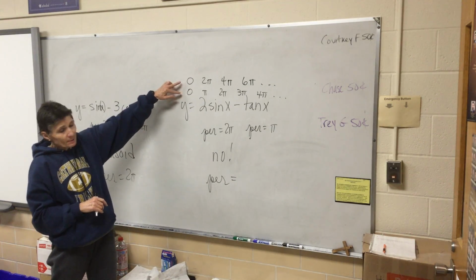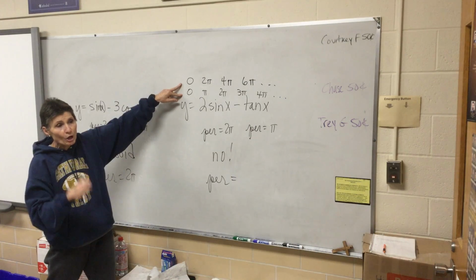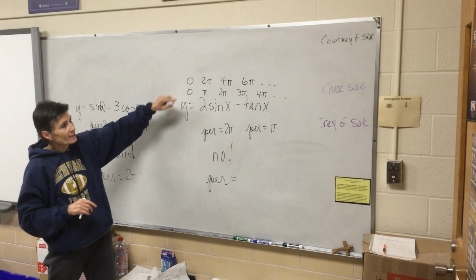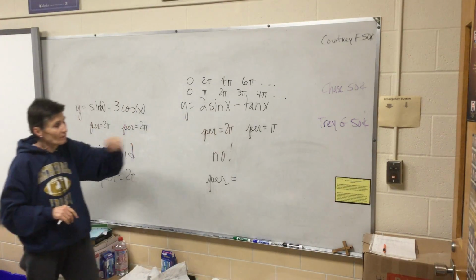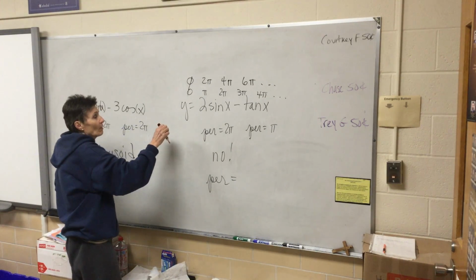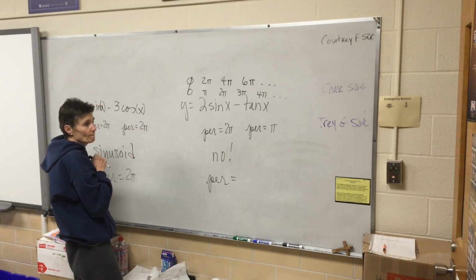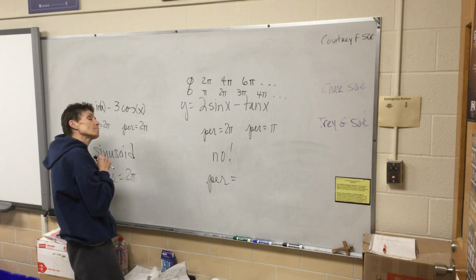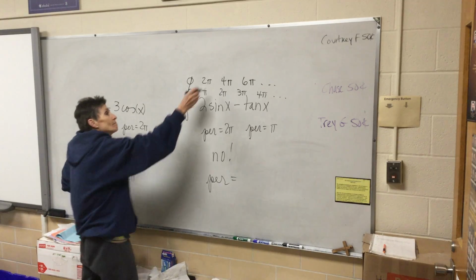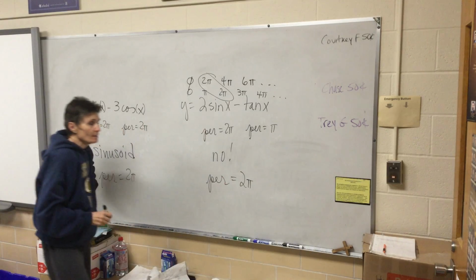The first place that they both start over is the period of the composition of the whole thing. So, 0 doesn't count. What's the first place that they both start over? 2 pi. Yep, so the period's 2 pi.